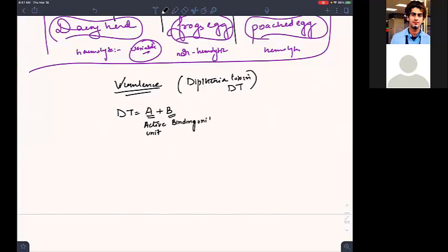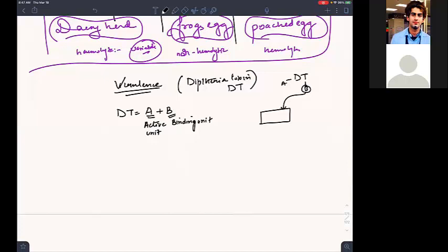For example, this is my cell and diphtheria toxin is coming to it. DT has two fragments, A and B. This B will attach to my host cell, because your host cell has a receptor.